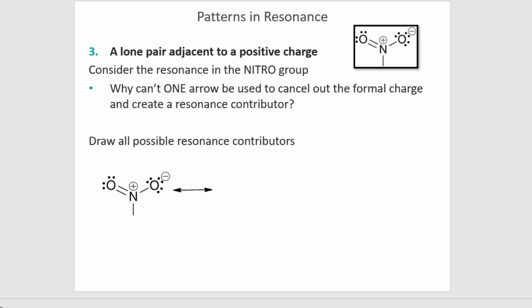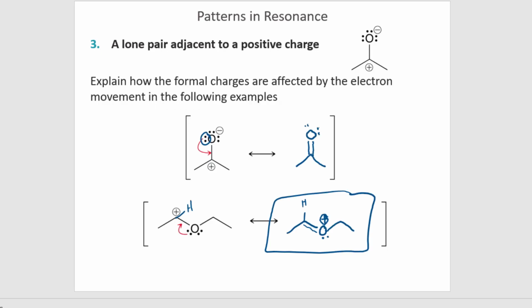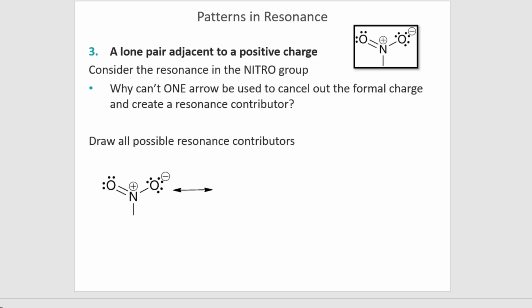In this case, we can't just show one arrow. In the previous case, notice how one arrow sufficed to clear everything. Move those electrons into the hole. I only had to draw one electron arrow to get to the resonance contributor.